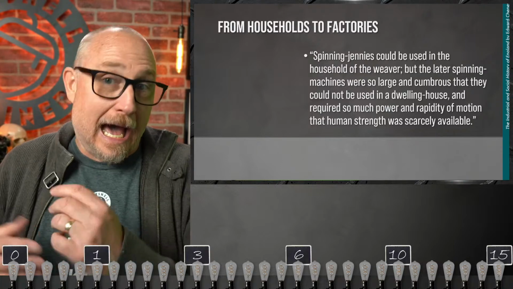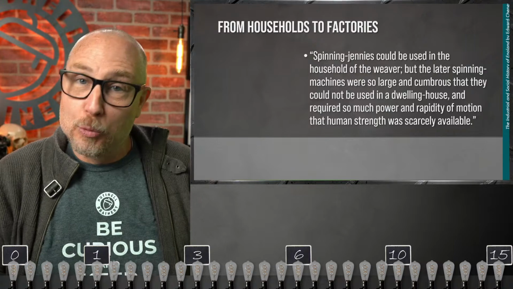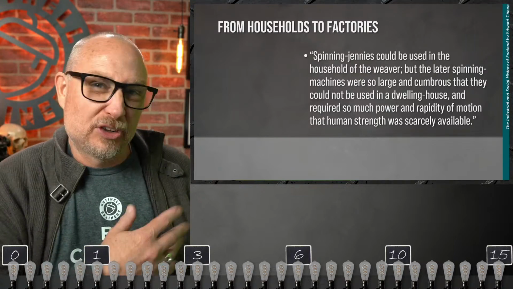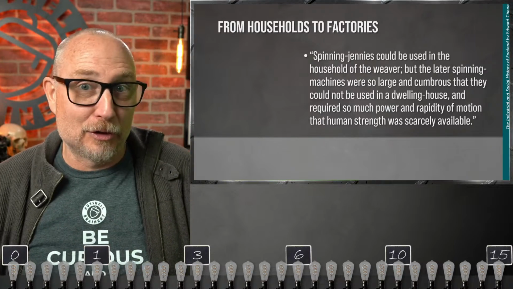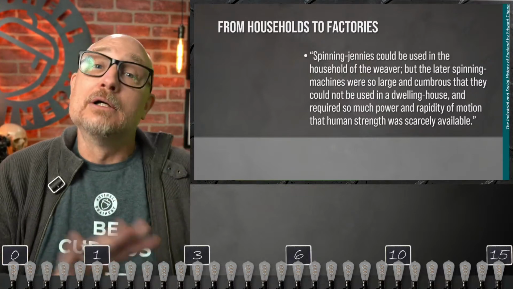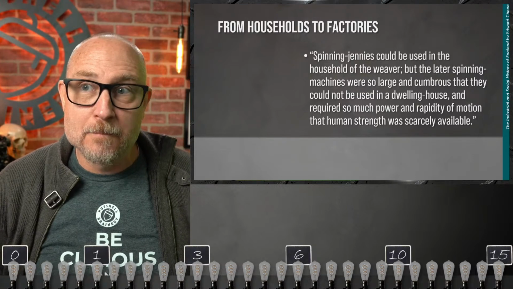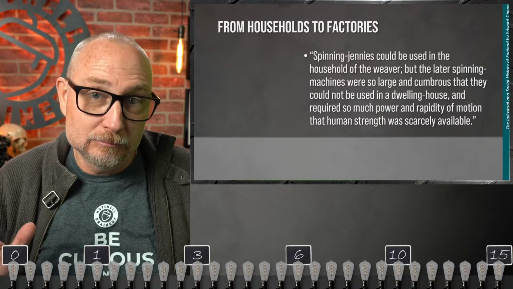So some people out of their home would raise the wool. Some people would make the yarn. Some people would put this through looms to make fabric, and some people would take that fabric and make it into clothing. So we had all kinds of specialization going on, but everything was out of people's homes. Okay?